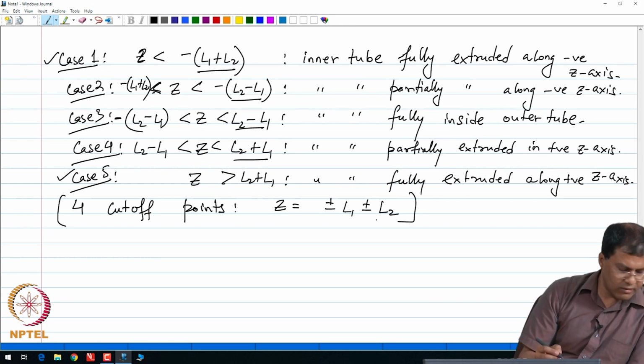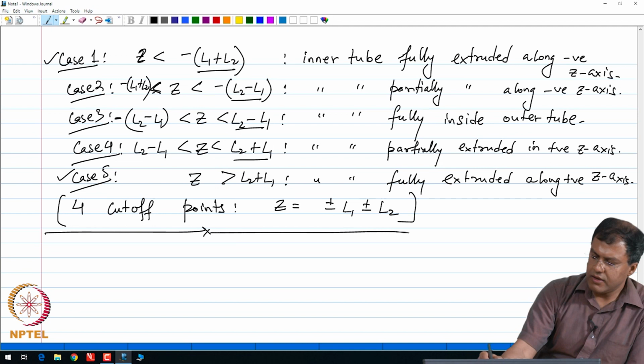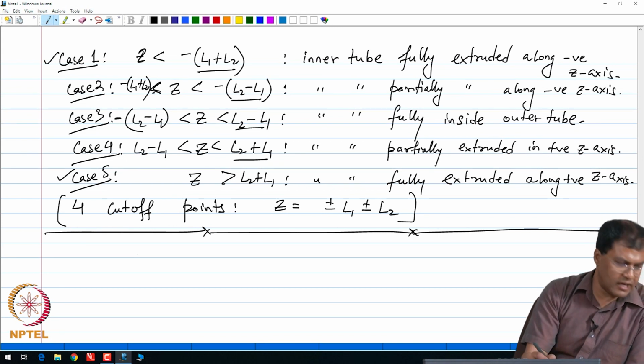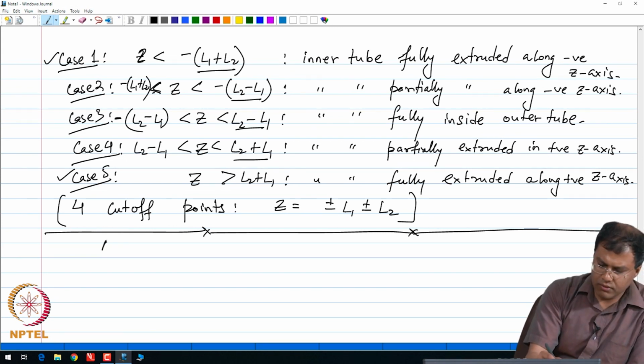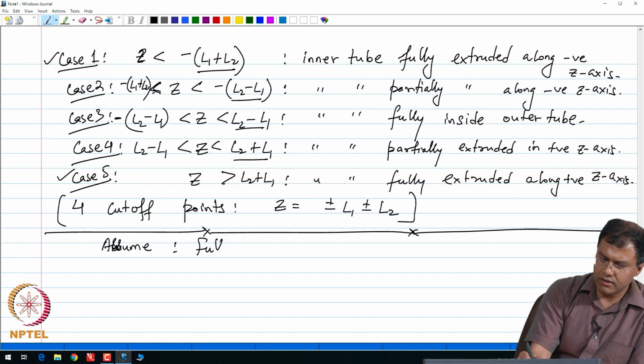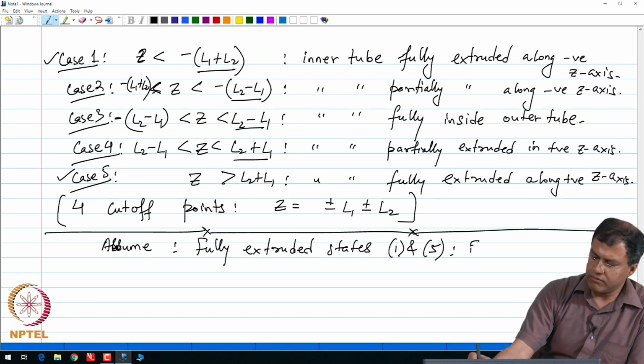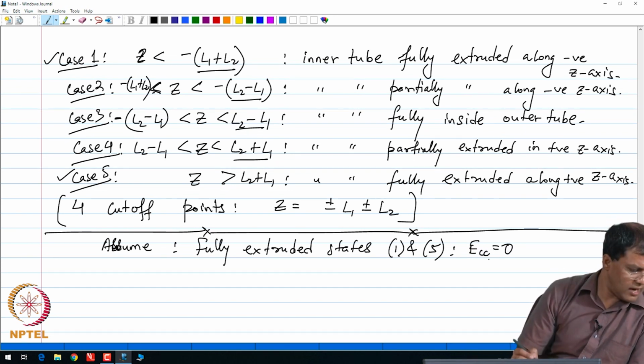So, then notice that we are going to assume that in case 5 and case 1 the interaction energy is 0, because there is no interaction with our assumption. So, assume fully extruded states 1 and 5 give ECC equal to 0, right.